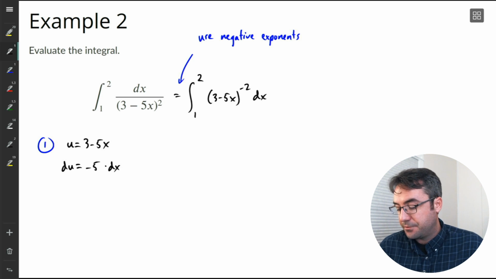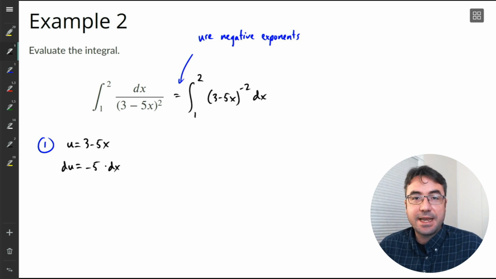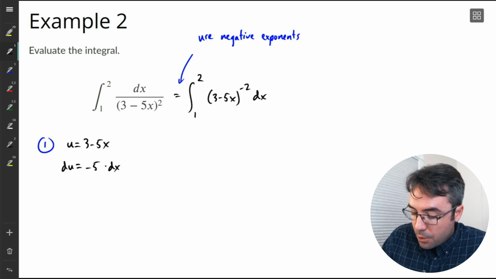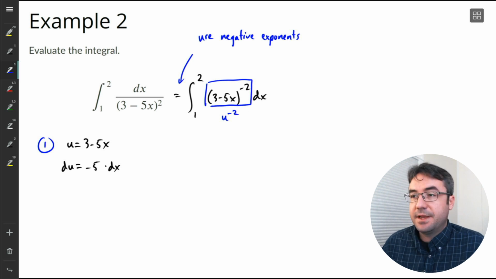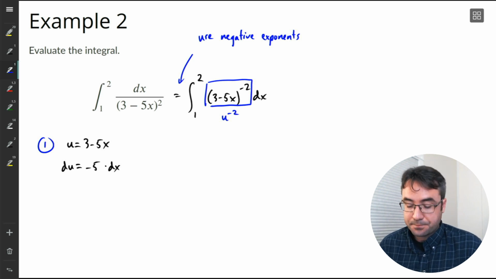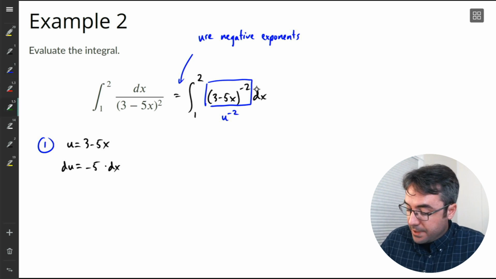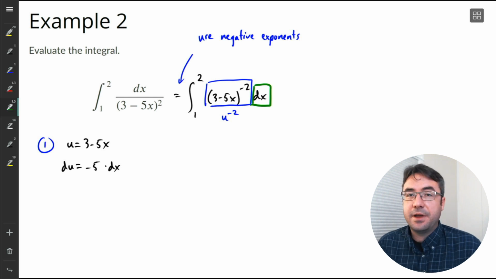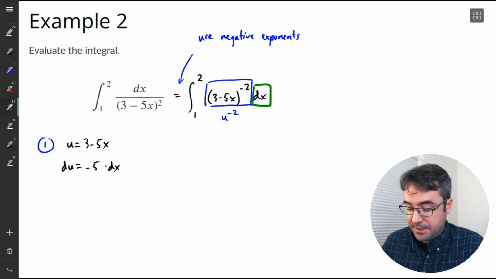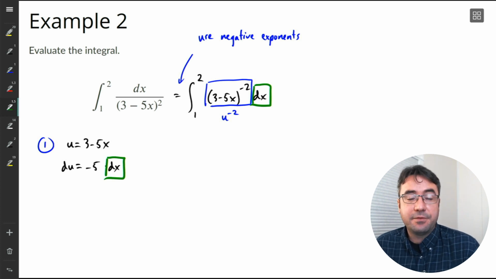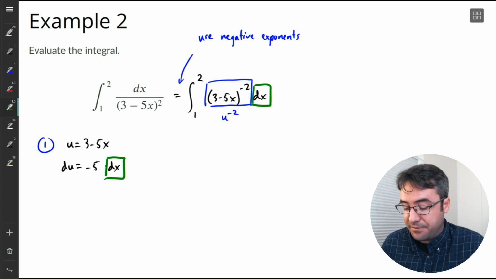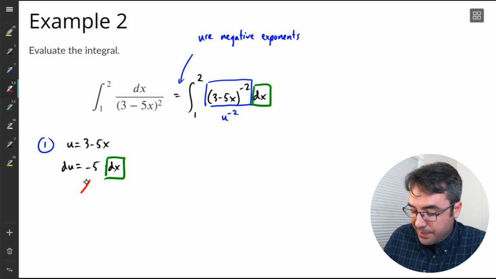So we have (3 minus 5x) raised to the negative 2. We know that piece is going to become u raised to the negative 2. And then the only thing that we have left to work with there is the dx. In what we calculated for du, we only have a dx, but we also have a negative 5. So we have this extra constant that we have to worry about.